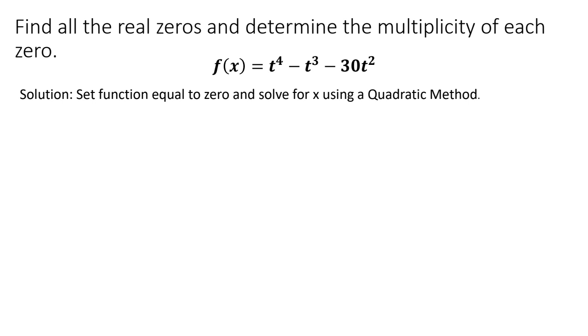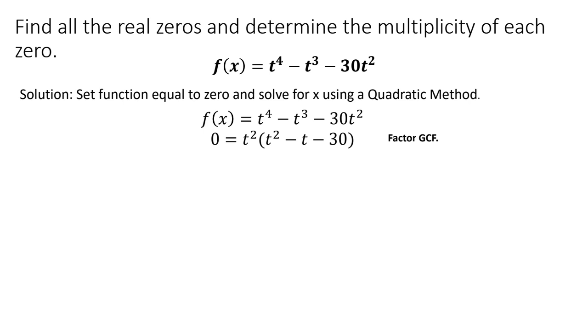The first thing that I'm going to do is factor out a t squared, since they all have a t and the smallest exponent is 2. So I have 0 equals t squared times t squared minus t minus 30.